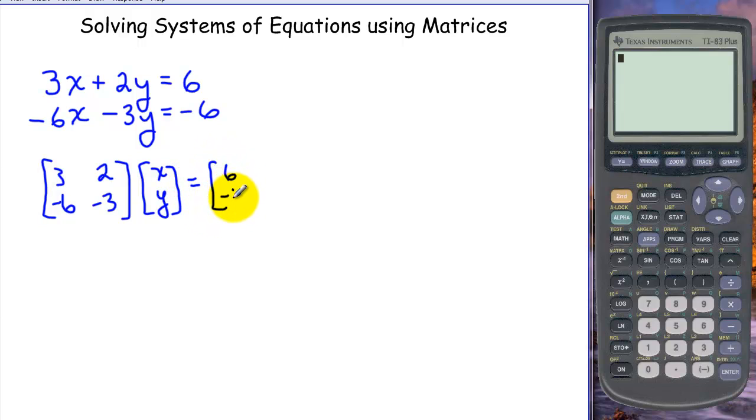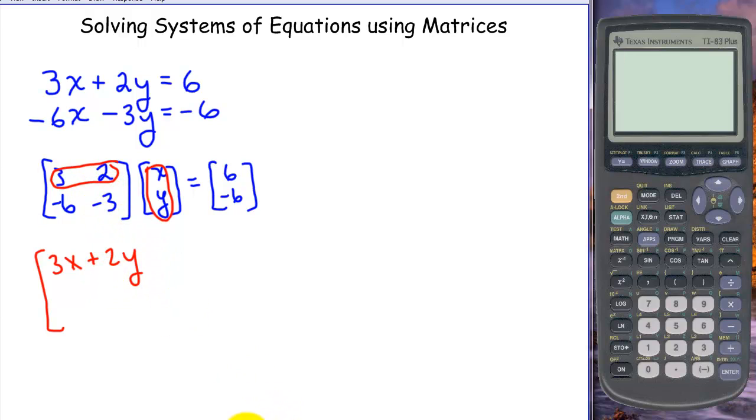Now this representation as a matrix equation is equivalent to the system, and we can show that just by reviewing our matrix multiplication. Remember, if we wanted to multiply these 2 matrices, we take a row from the first matrix and multiply it times a column. So if we did that, we would get 3x plus 2y.